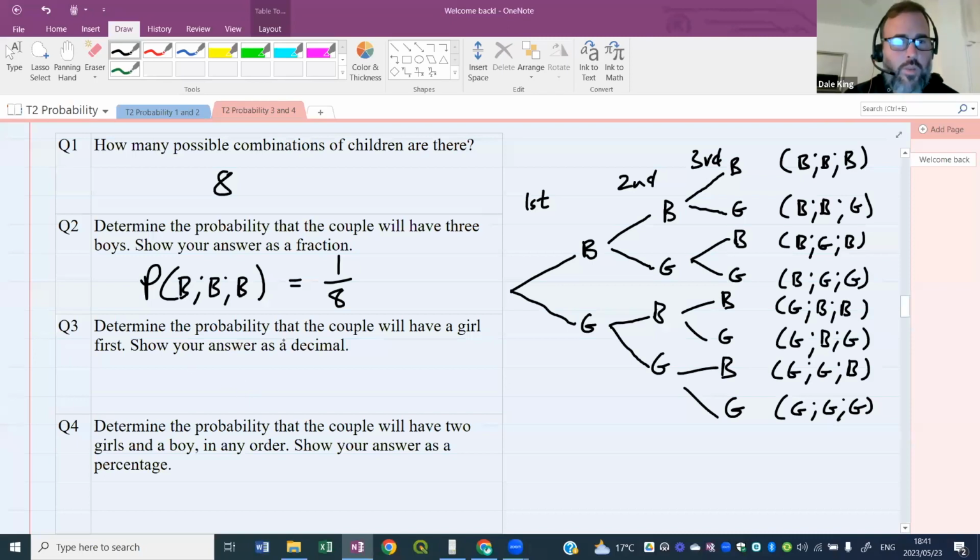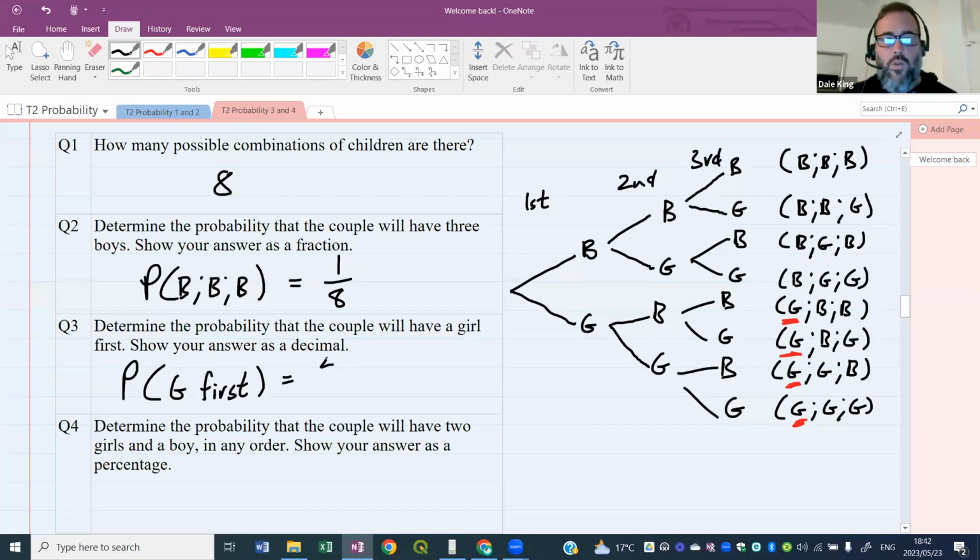Determine the probability that the couple will have a girl first. Show your answer as a decimal. All right. So girl first, I see that here, here, here, and here. 4 times out of the possible 8. So if I'm going to write here, G first equals, we're going to do the fraction first always.